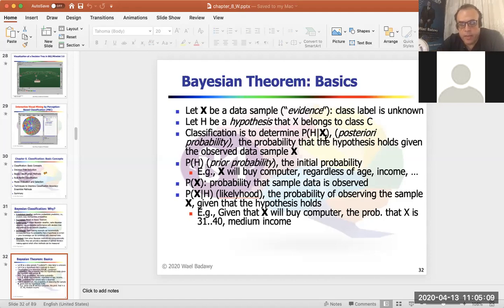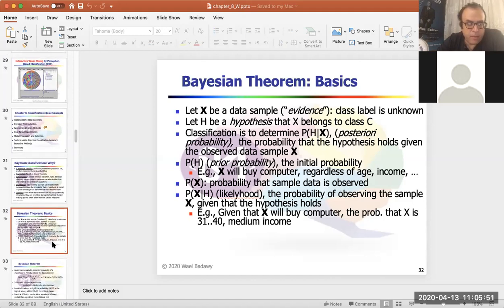In statistics and probability, we call this the posterior probability, the probability that the hypothesis holds given the sample X. So P(H|X), the likelihood of H if the element is X, is equal to an equation with P(X|H) times P(H) divided by P(X). P(X|H), given the class itself, is called the likelihood. P(X) is the probability that the sample data is observed.